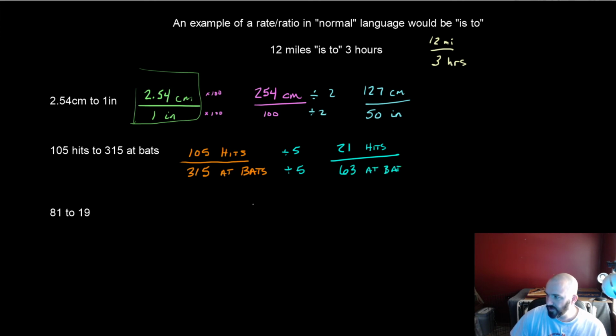If you don't know this next step, just reduce by a factor of 3, because 2 plus 1 is 3, and 6 plus 3 is 9. Both of those being divisible by 3 means that 21 and 63 are in fact divisible by 3. I'm going to go ahead and make the jump though, because I recognize this. I'm going to divide by 21. That's going to give us 1 hit is to 3 at-bats.